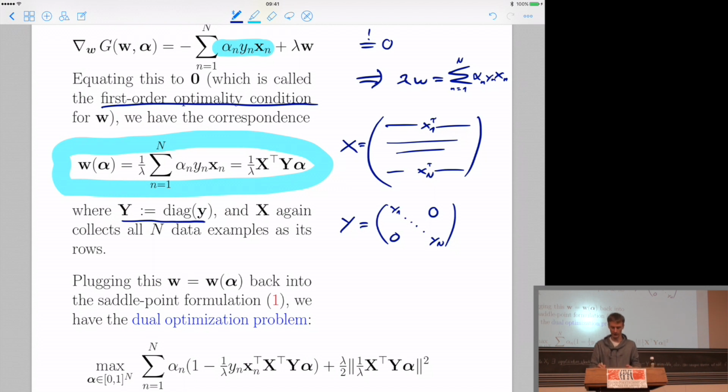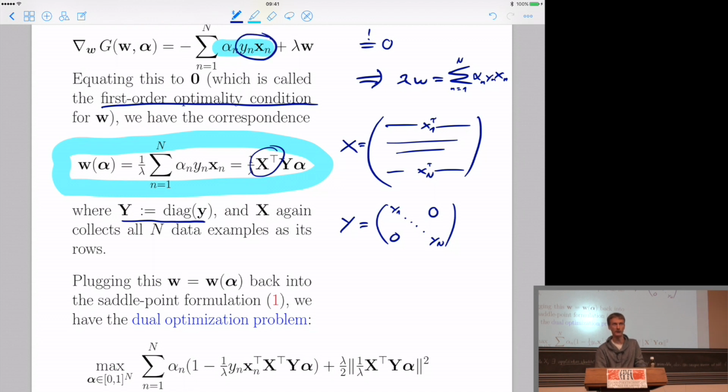So you can convince yourself, if you take this data matrix X and multiply with this diagonal matrix, what happens? It's just every data point gets multiplied with its label. Here the data points are columns because it's transposed, right? And then it's multiplied with the corresponding diagonal matrix entry. So each column becomes what we had here.